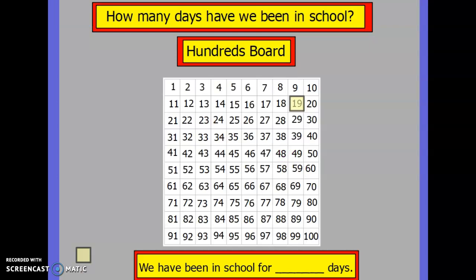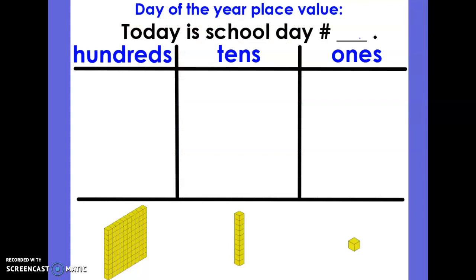All right, so yesterday we were in school for 19 days. So today we have now been in school for 20 days. So let's look at how we're going to do this with our base 10 blocks. So if we've been in school for 20 days, well, how many 10s do I need?